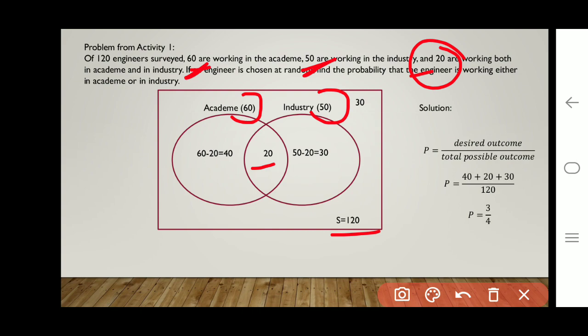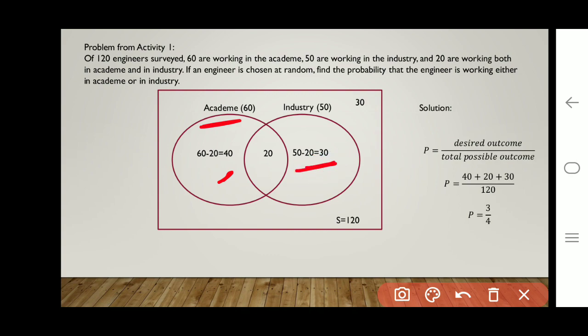Kaya kapag gumawa tayo ng Venn diagram, kapag hinanap natin yung nag-work lang sa academe alone, that is equal to 40. And then, si industry naman, 30. Yung mga nagtatrabaho lang sa industry lang. Hindi siya nagtatrabaho sa academe.